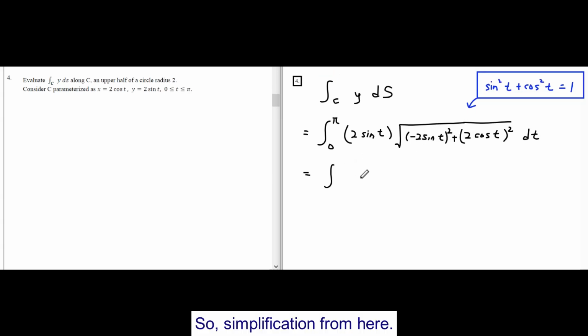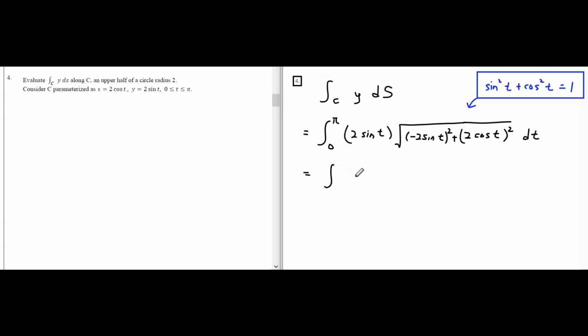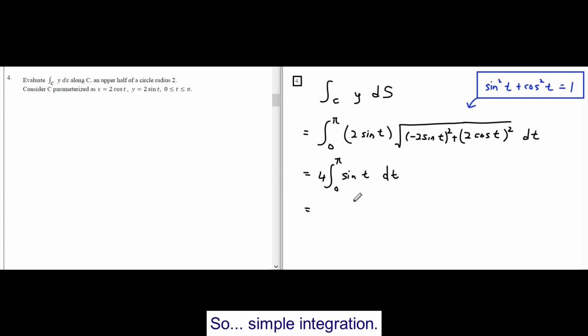Simplification from here, and then simple integration.